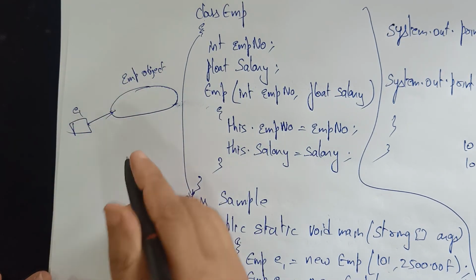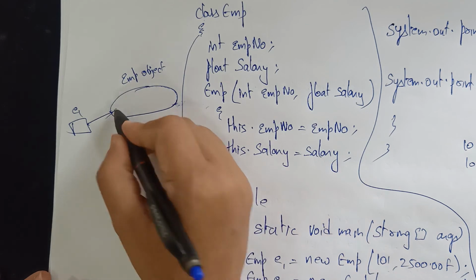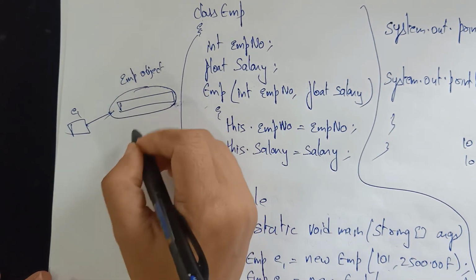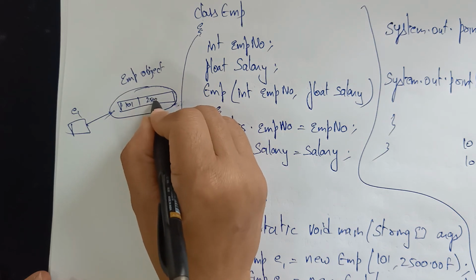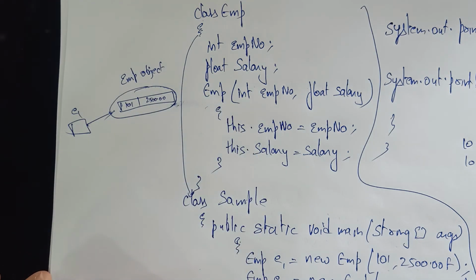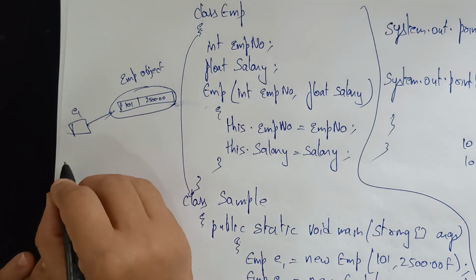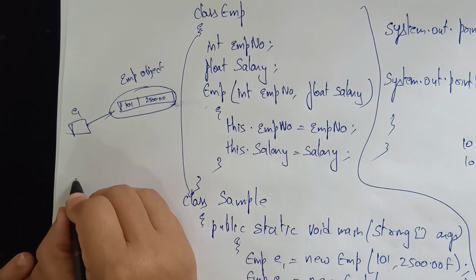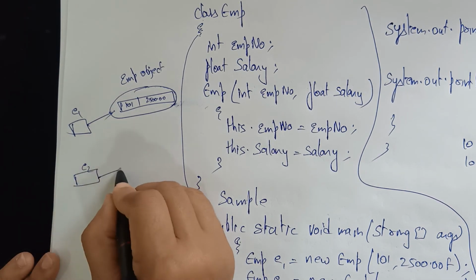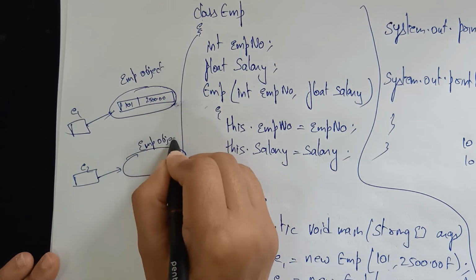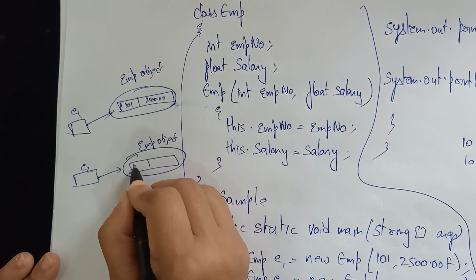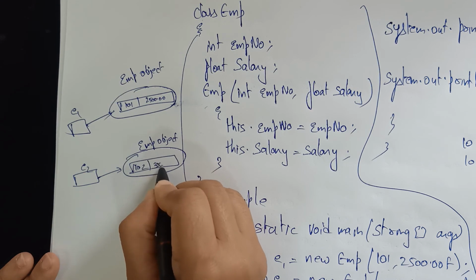What does the employee object contain? It contains the information 101, the employee number, and 2500, the salary. Next E2 is created, and with the E2 reference another employee object is created. Here the values are 102, 3000.